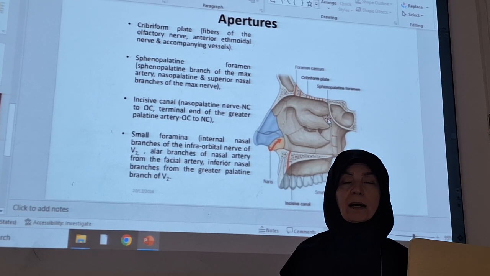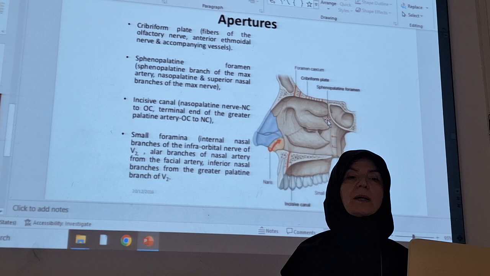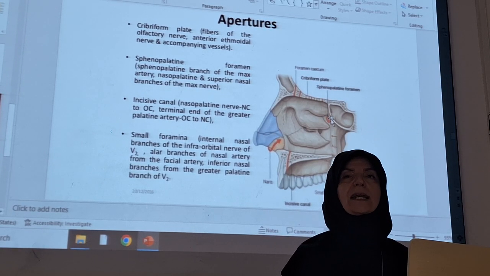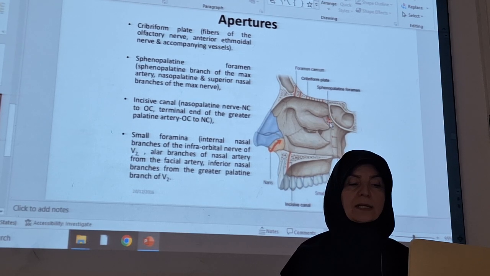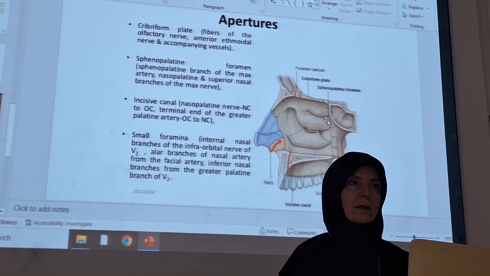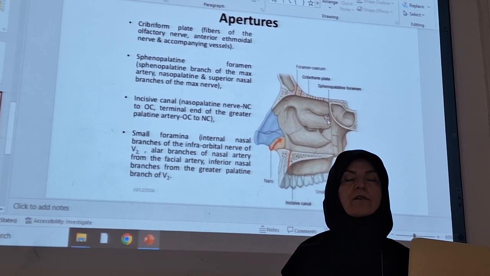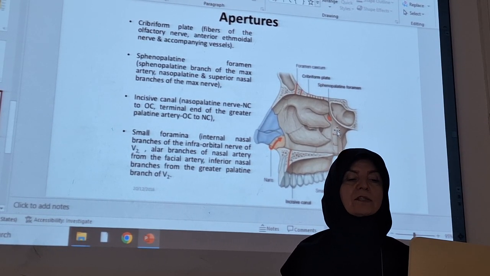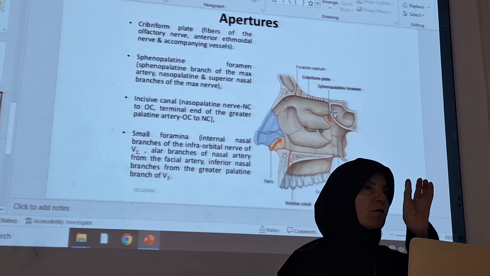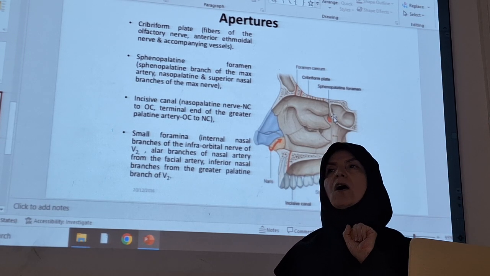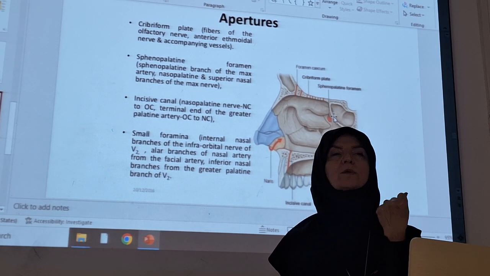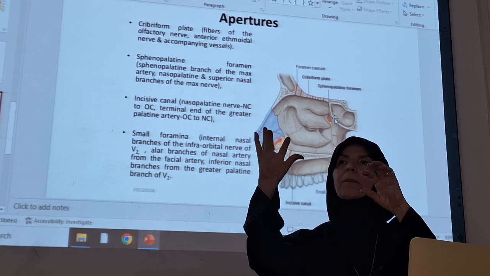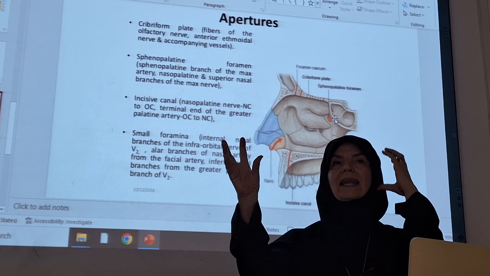The maxillary artery, the branch from the maxillary artery, and the branch from the maxillary nerve are passing through this foramen. This sphenopalatine foramen connects the nasal cavity to a small fossa that we call the pterygopalatine fossa. So this foramen is the connection between the pterygopalatine fossa and the nasal cavity.